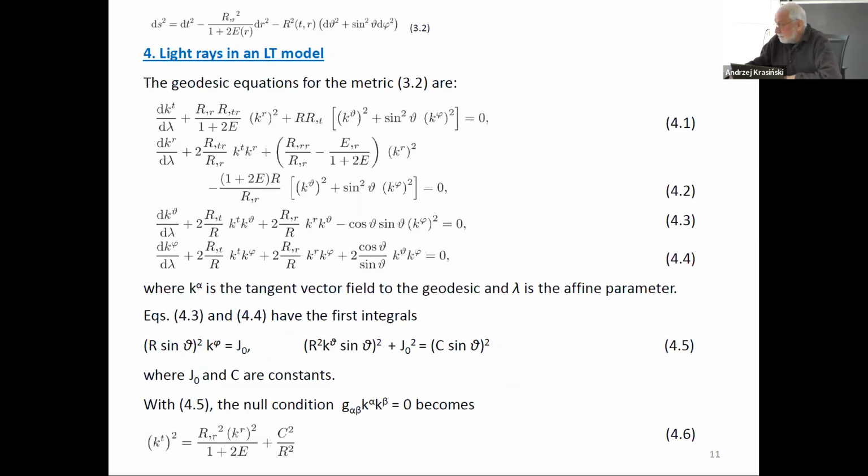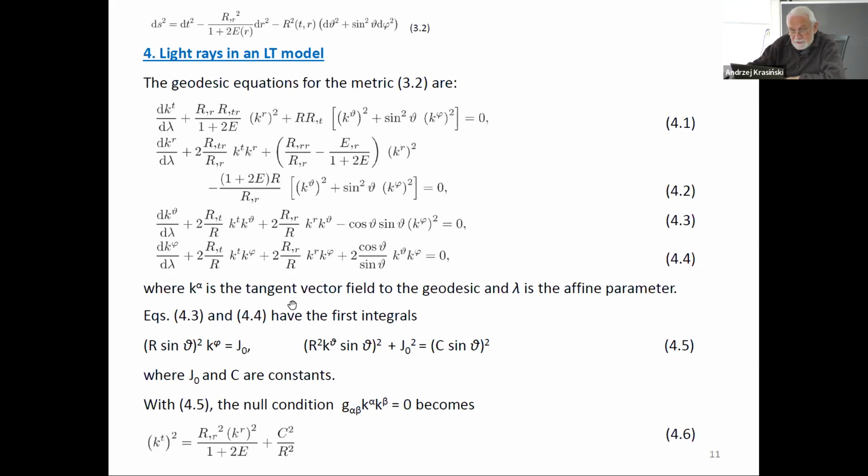Okay, now let me tell you some words about the light rays in a Lemaitre-Tolman model. So here are the geodesic equations for this metric. I will not discuss them in any detail. K is the tangent vector field to the geodesic, and lambda is the affine parameter.